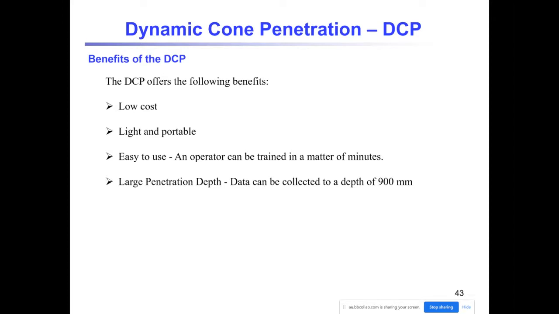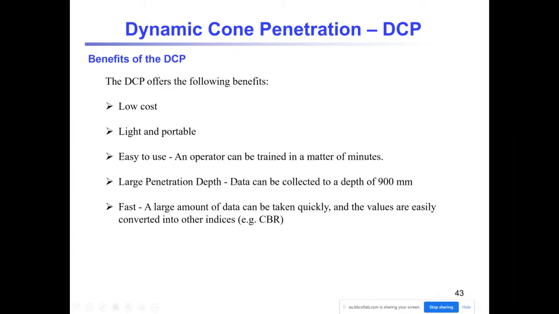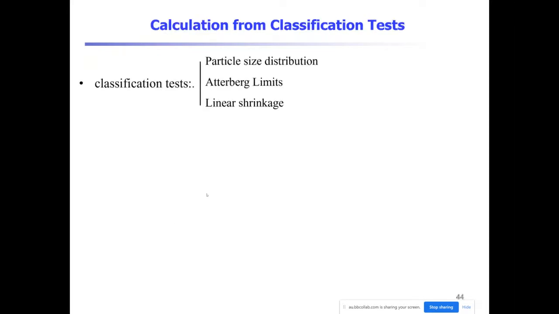Generally the depth that you can test is considered large penetration depth. We can conduct the test for up to 1 meter of the soil from the surface. And this is a very fast test. You can conduct a large number of tests and derive a lot of results very quickly.